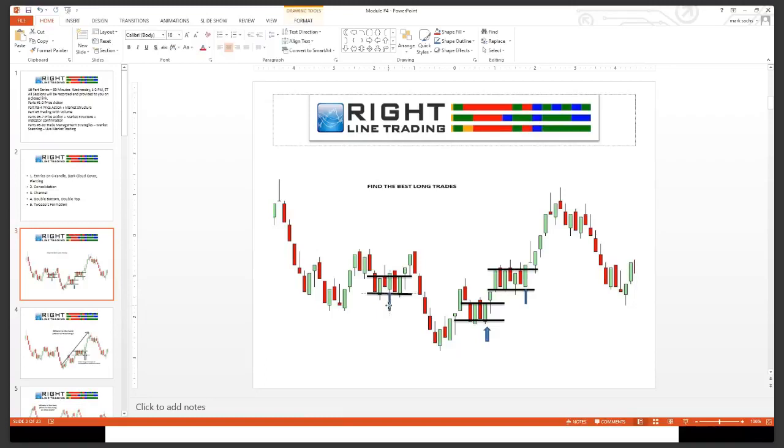What we're doing now is we're looking back and learning how to spot structural formations, price action trades that we can take. And you can see this trade out of consolidation works. This trade out of consolidation works. This trade out of consolidation works.